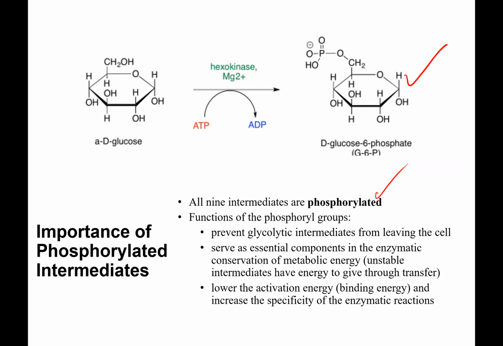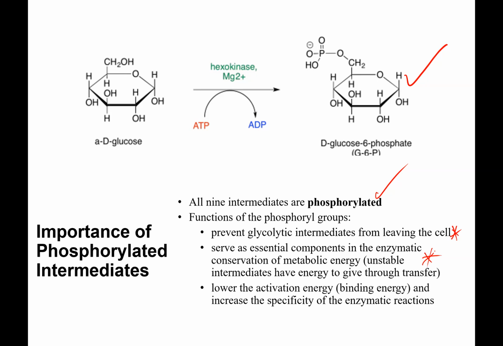So that's one. Another huge point is that it helps conserve the energy found in our biological intermediate. Whenever we add a phosphate to a metabolic intermediate, that is a high energy bond, right? So it actually makes our compound more unstable.